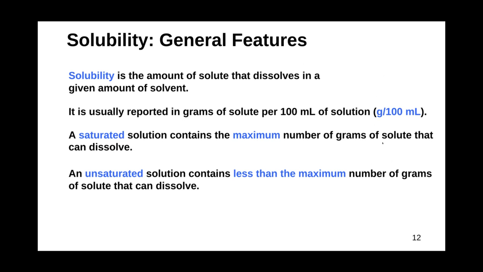So as you push this boundary, whether it's hitting the exact amount or less or over it, you either are saturated or unsaturated. Now, if you push way over it, say we go to 300 grams per 100 milliliters, we then become what we call supersaturated. So you can oversaturate or supersaturate a solution as well. It doesn't have to just be saturated or unsaturated.